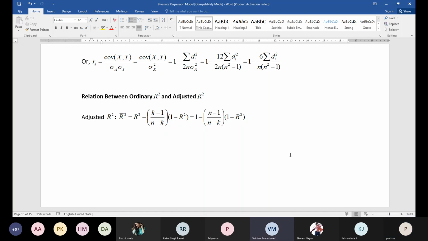Sir, the fit of the model will decrease. When? In which case? When we remove the necessary variables. Okay.